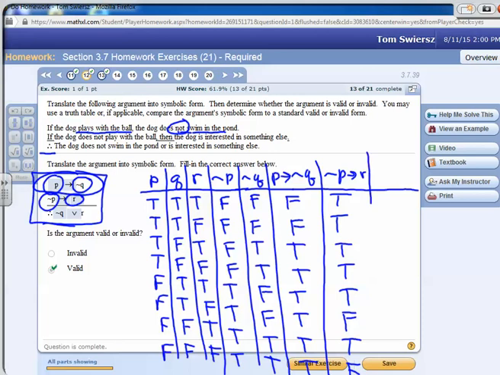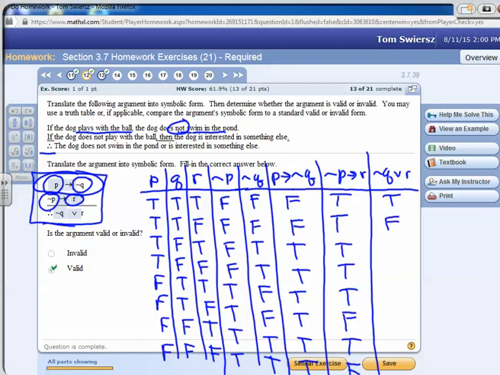Now we can do our conclusion, which is not Q or R. So not Q or R, the 3rd and the 5th columns, true or false, at least one's true, then it's true. False or false is false.